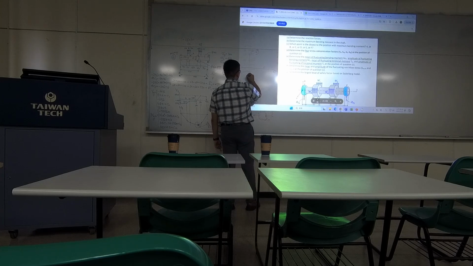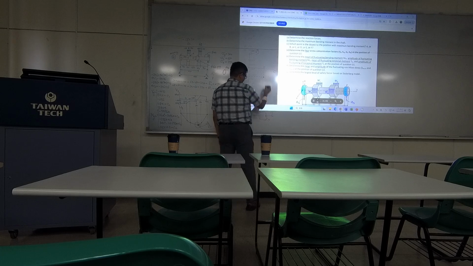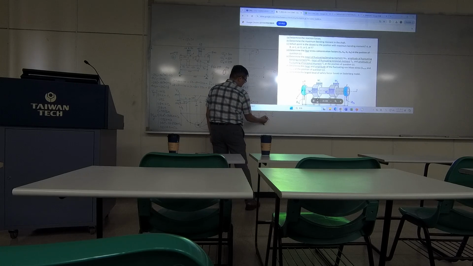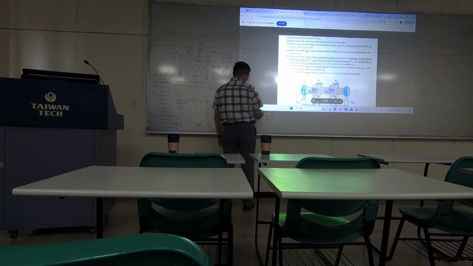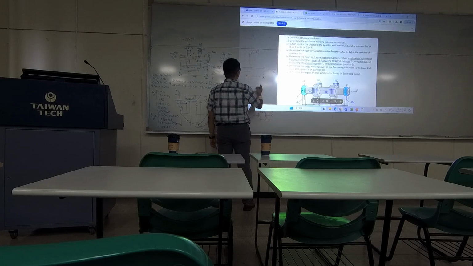So you would have a negative shear right here for this particular point. And if you go up, then it's positive shear, no normal stress. So it will be some point right here.